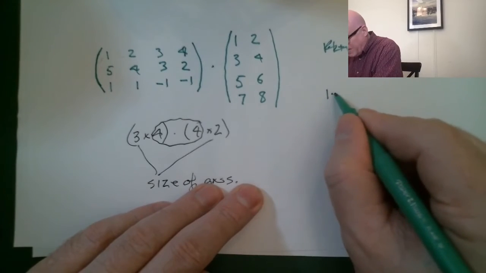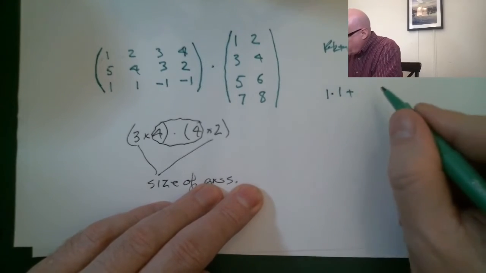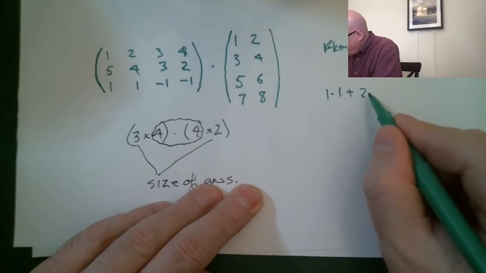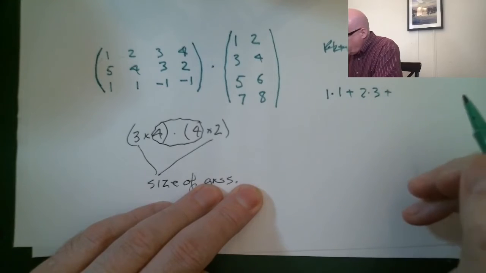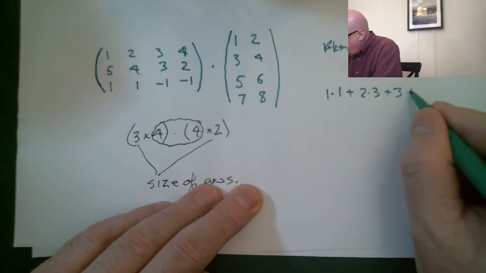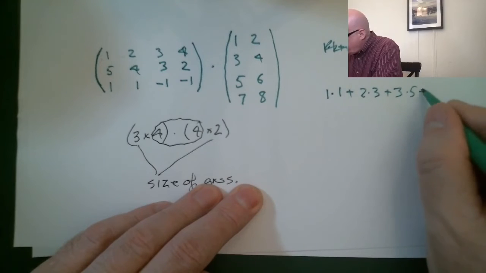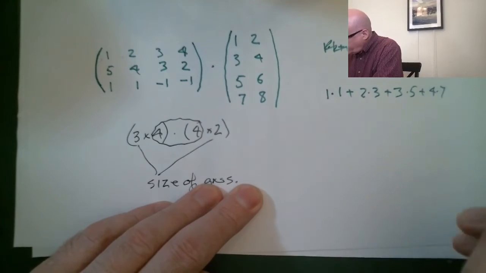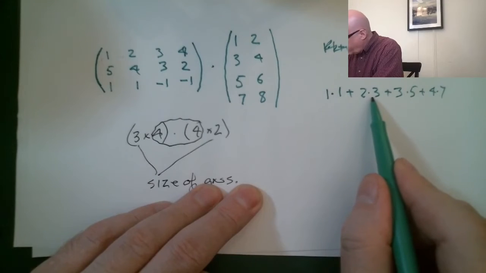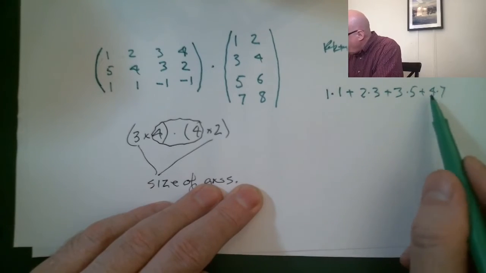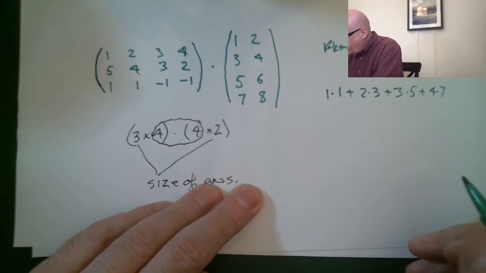Sorry. 1 times 1 plus 2 times 3 plus 3 times 5 plus 4 times 7. 1 plus 6 is 7, plus 15 is 22, plus 28, I think that's 50.